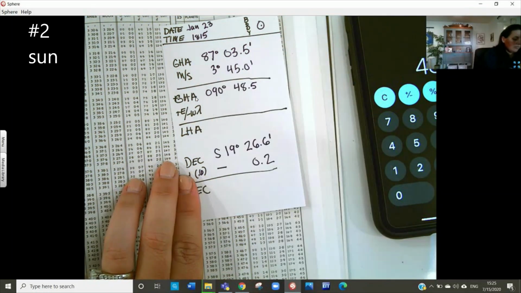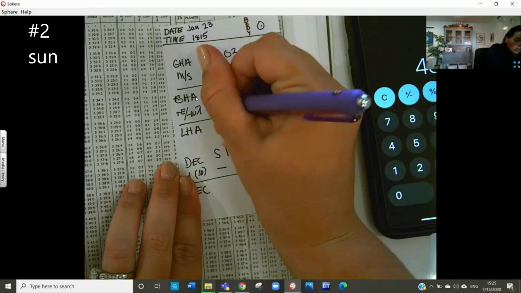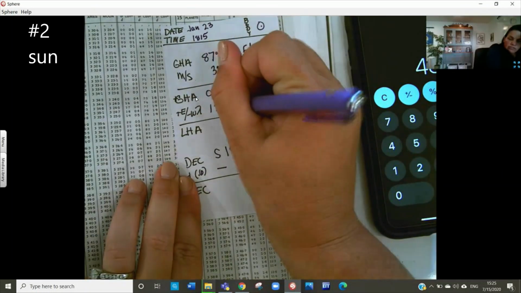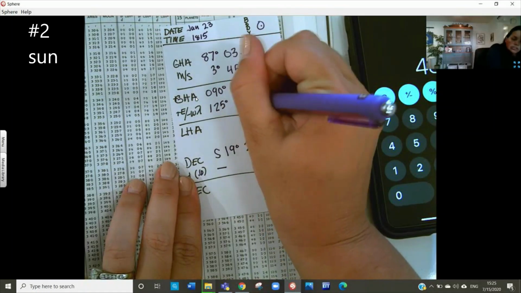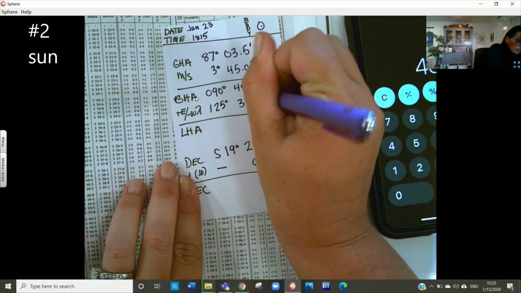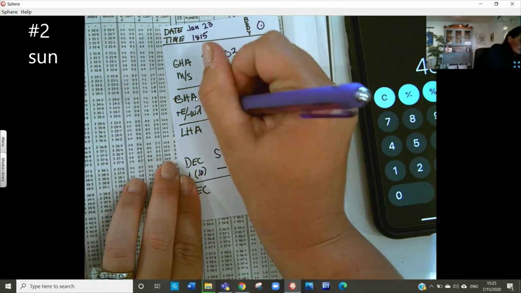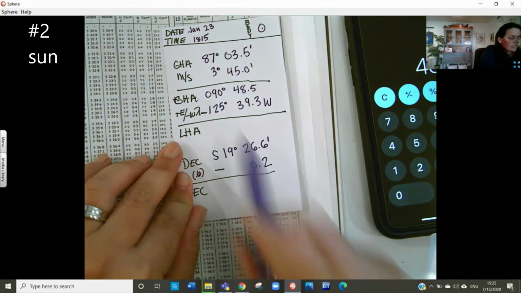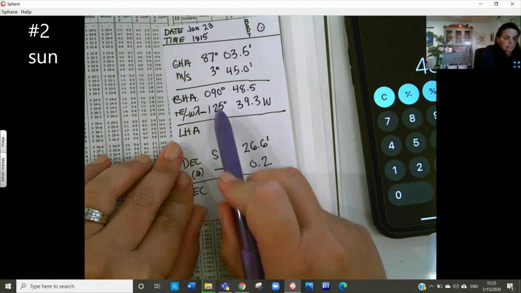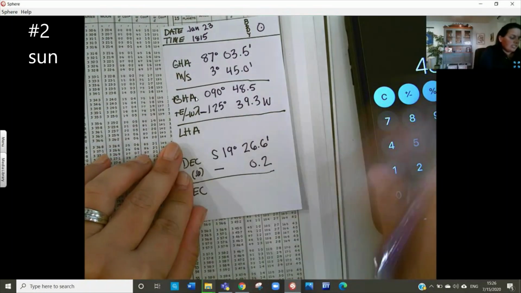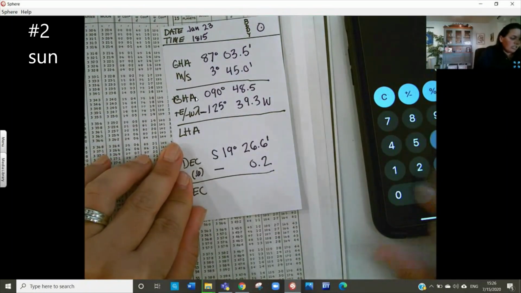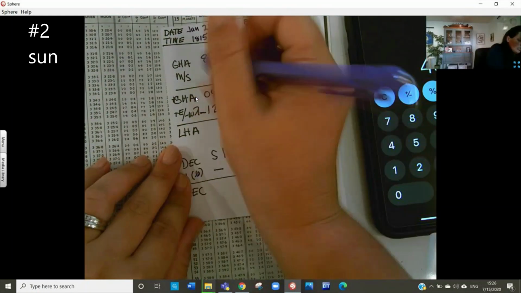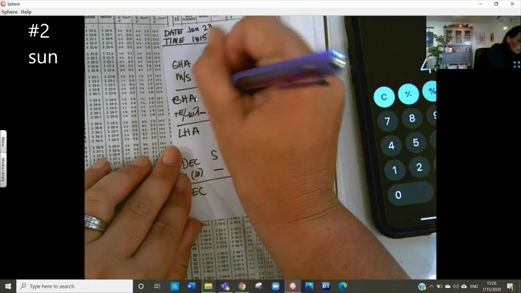Our DR longitude is 125 degrees, 39.3 west. So we are going to be subtracting that. And we can't subtract 125 from 90, so we have to add 360 to that 90. So 90 plus 360 gives us 450.